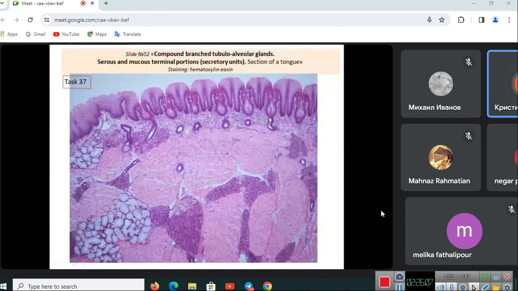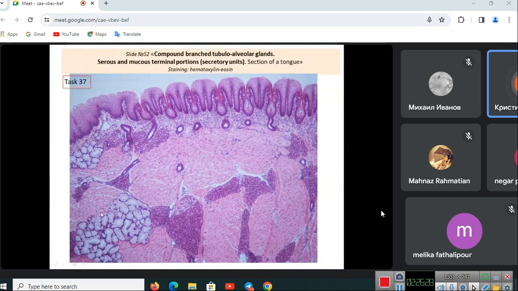Below it we have loose fibrous connective tissue. Next goes skeletal muscle, which makes our tongue motile. We can move our tongue as we want because we have skeletal muscles here with muscle fibers.